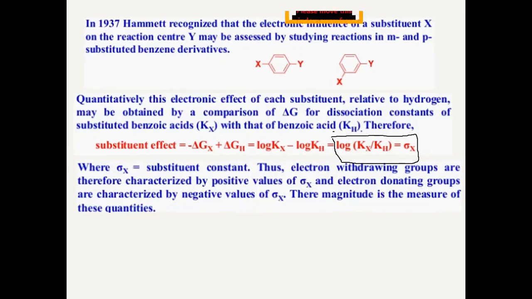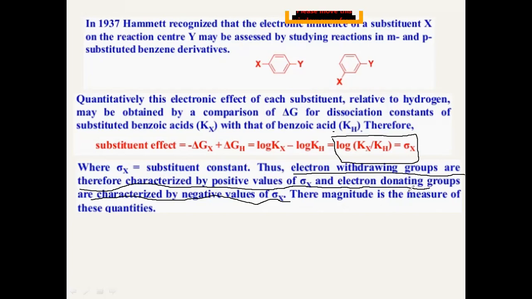And the most important point, you must memorize this: electron withdrawing groups are therefore characterized by positive value of sigma x and electron donating groups are characterized by negative value of sigma x. This is the theme of Hammett. Sigma x is positive means electron withdrawing groups are present.